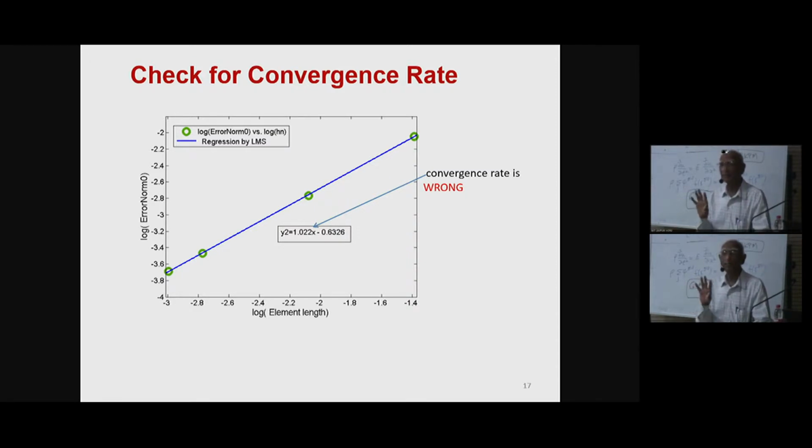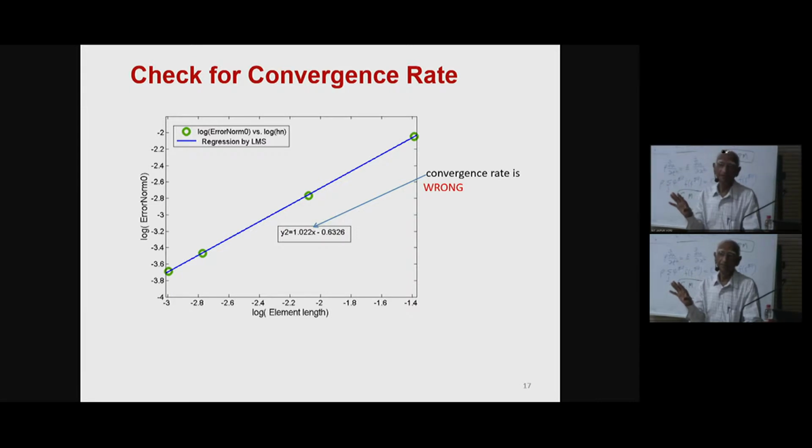So there can be bugs in the code, and you may still be getting quote unquote very good solutions. It's possible that for a different loading situation, this stiffness matrix would have given us a wrong solution. It just so happens that for the problem he studied, when he purposely introduced the error and changed the sign, it did not make any difference.